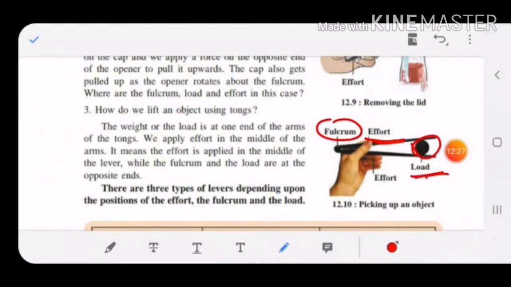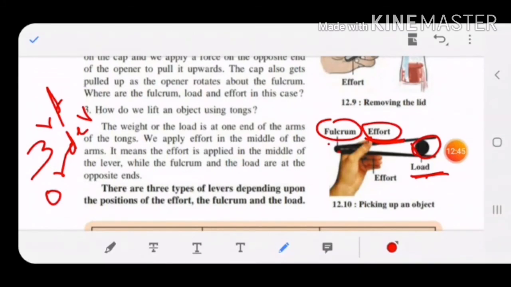The effort is in the center, you apply the pressure from the center, and here is the support, the fulcrum. Such an order of lever where effort is in center and fulcrum on one side and load on the other side will be a third order lever.